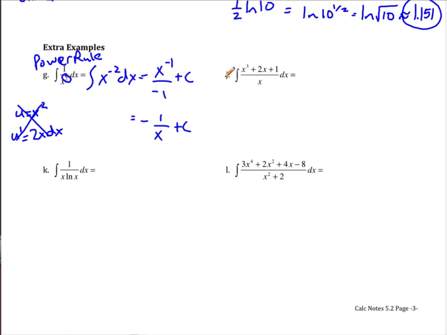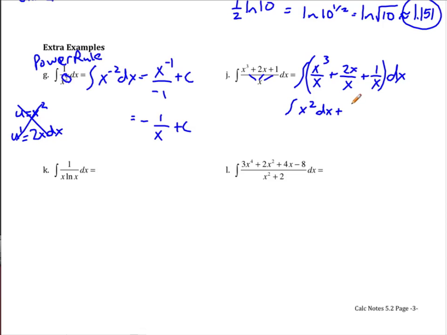Okay, so in j here you can see that we do have a power of 1. Okay, so we can't just use our power rule. Now again, what we always want to do is divide this out first. So this is the integral of x cubed over x plus 2x over x plus 1 over x dx. So go ahead and divide that out first, and then you can simplify. So this is really the integral of x squared, because x cubed over x.